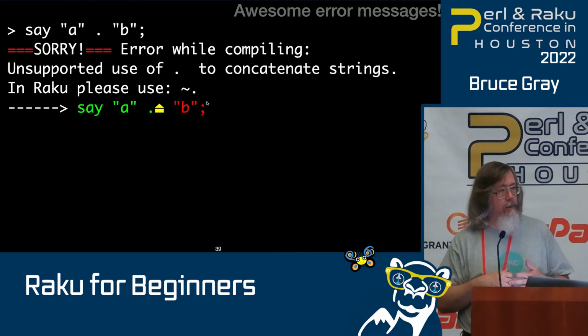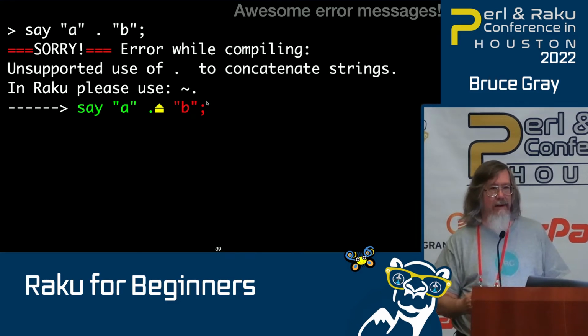And so we've been putting in lots of very informative error messages. In fact, we take it so seriously that there is a category of bug with the Rakudo compiler, LTA. Anybody know what that means? Less than awesome. If an error message is less than awesome, we consider that a bug.